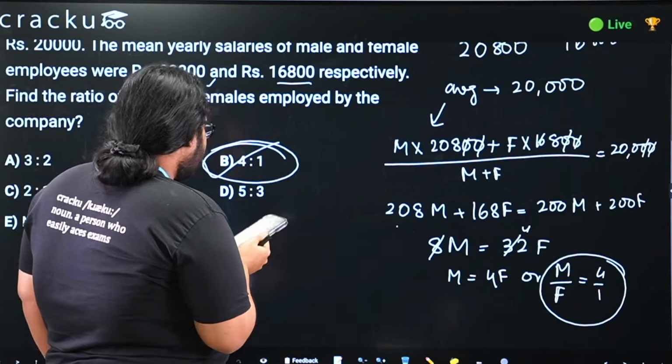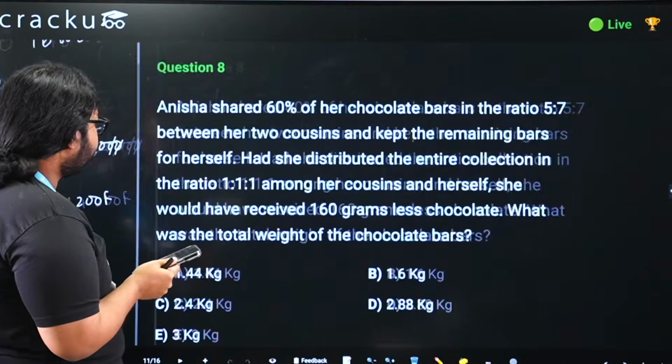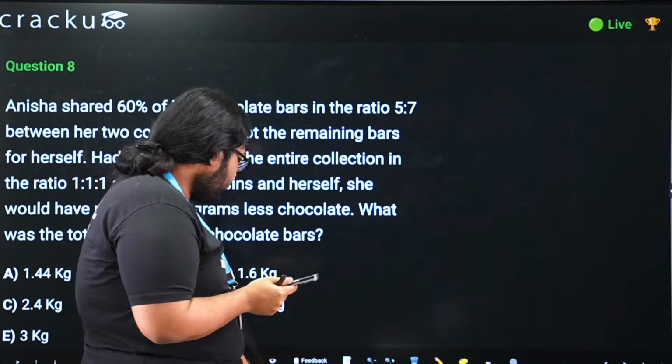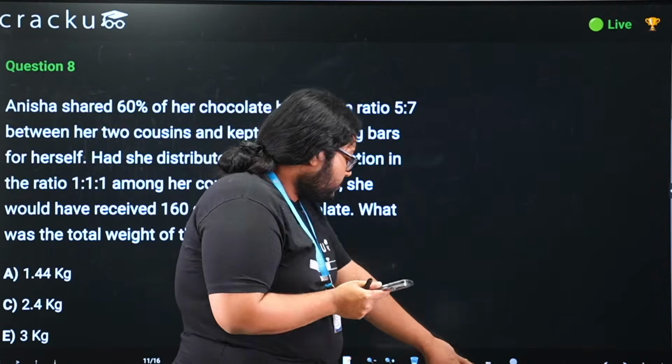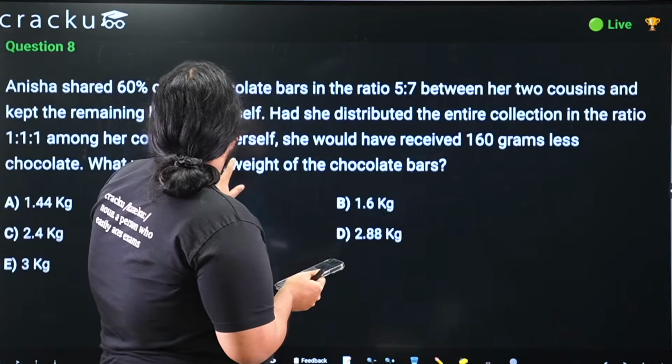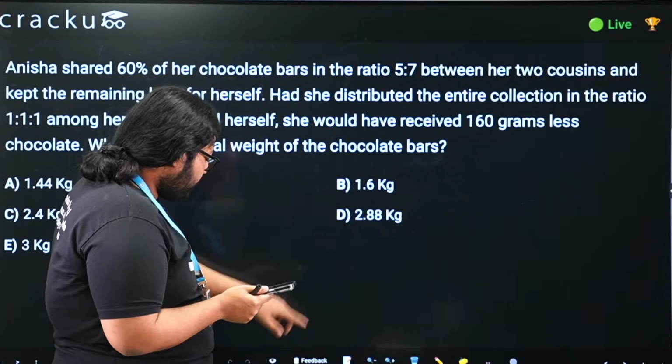Okay guys, let's move on to the next question then. This is also a little tricky, so I would want all of you guys to give this a shot. It's an interesting question.